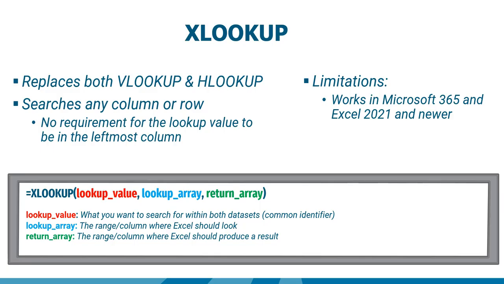Think of it as the column or range Excel will scan to find your match. The return array is the column or range where Excel will pull the result from once it finds the match. There are additional optional elements within the XLOOKUP formula, but to keep things simple, we're focusing on only the required parts needed to perform the function.